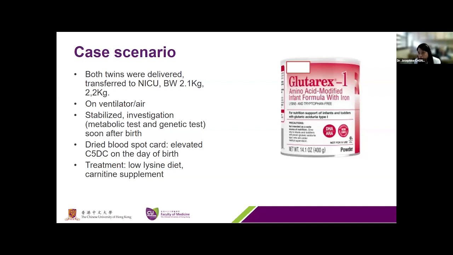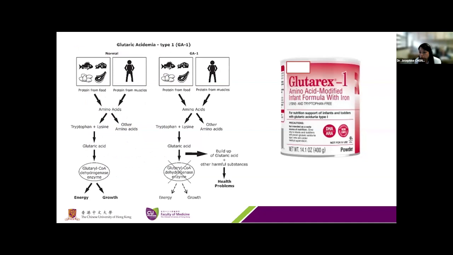Manpower is actually an issue, because for this patient we had to explain the gene function and the treatment. It is good that GA1 is quite clear-cut. We understand the pathway and the treatment, and we can give very clear planning for confirmatory testing, possible prognosis, and treatment.